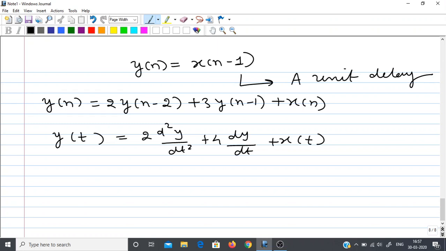In my previous slide, I expressed the system with a box, and within the box I wrote H[n].